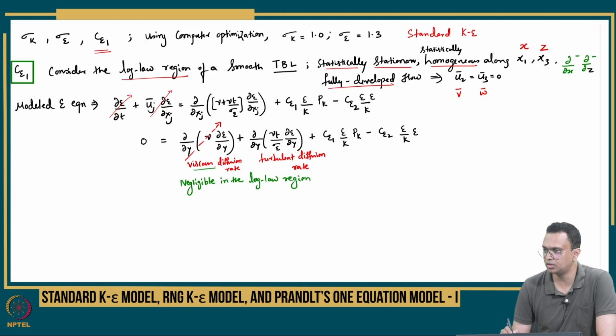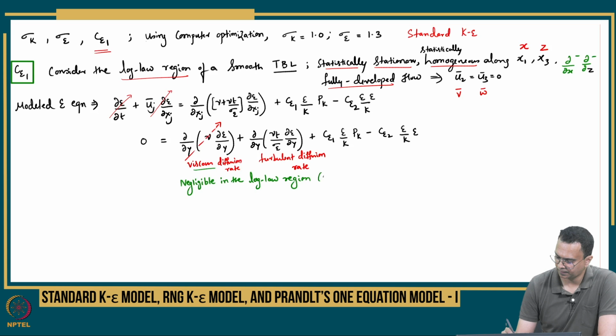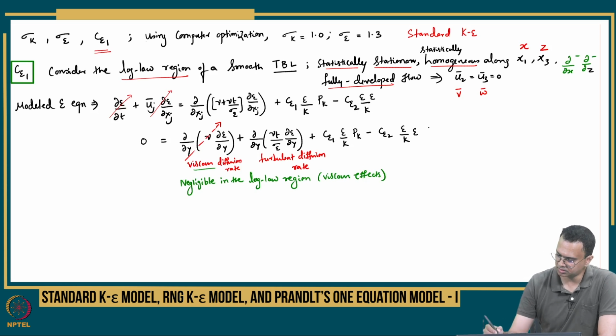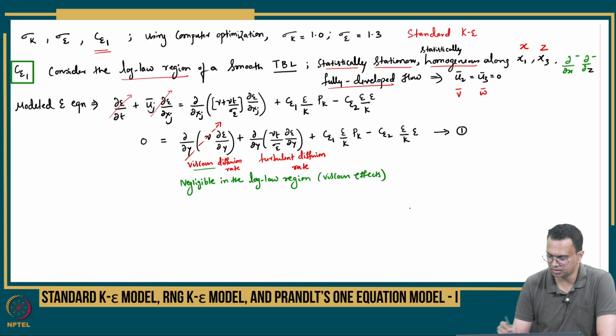Viscous effects are not dominant. So the equation, let's call this equation 1, has 3 terms: one diffusion term, the production term and the destruction term.